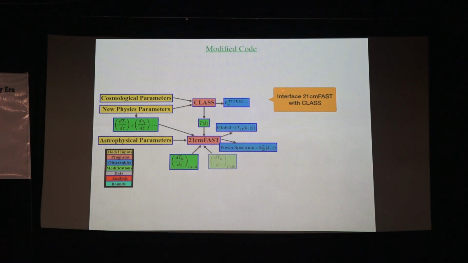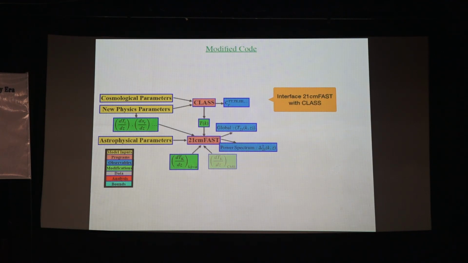So we interfaced CLASS with 21 centimeter fast. Now, if you change any cosmological parameter, it calculates all the quantities on the fly and feeds them into the 21 centimeter fast calculation. We have also implemented the Lyman alpha and the CMB heating.